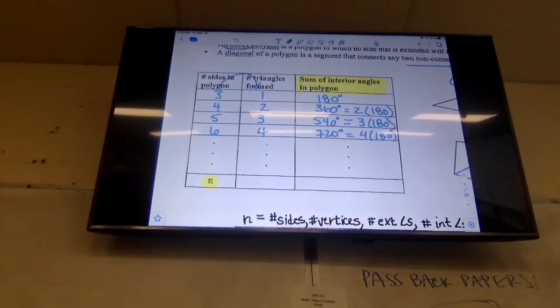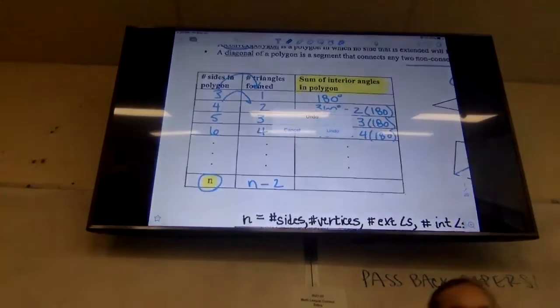If I had 4 sides, I had 2 triangles formed. What am I doing each time to get there? Subtracting. Subtracting what? Subtracting 2. So if I started with n, it's going to be n minus 2 is how many triangles I can have formed. And what did we do each time to get there? Multiply. By 180. Good.